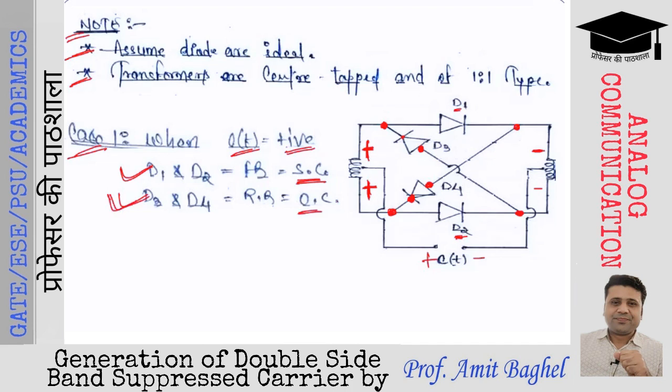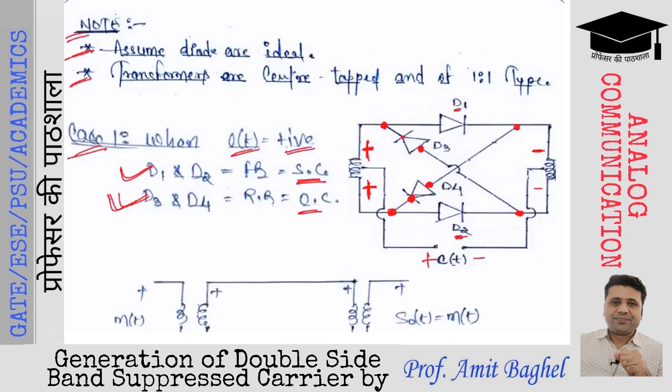So when you replace the D1 D2 with short circuit and D3 D4 with open circuit, you will observe this kind of circuit. This is the D1 which is short circuited.